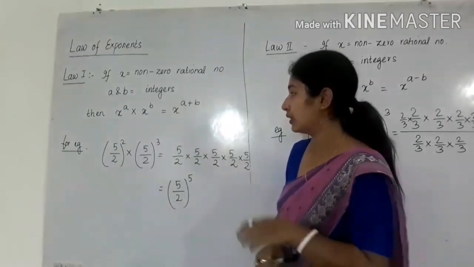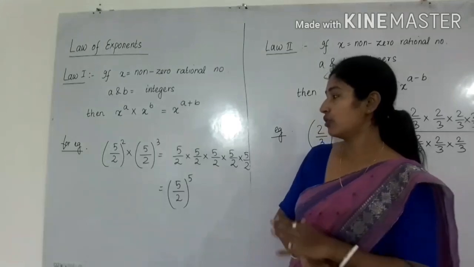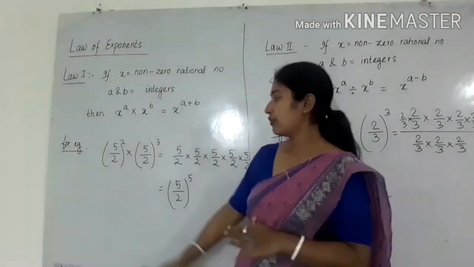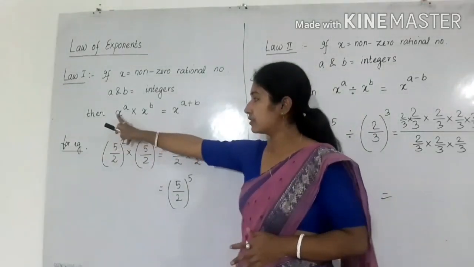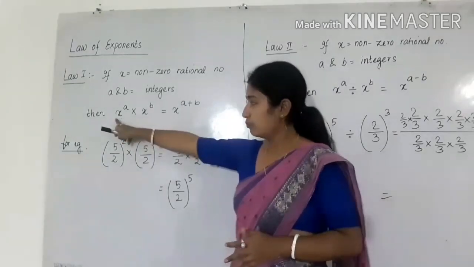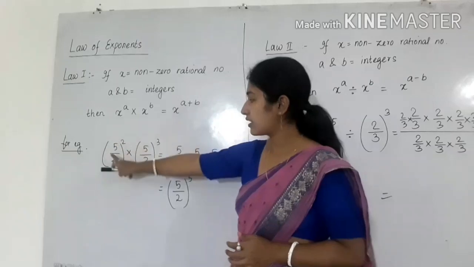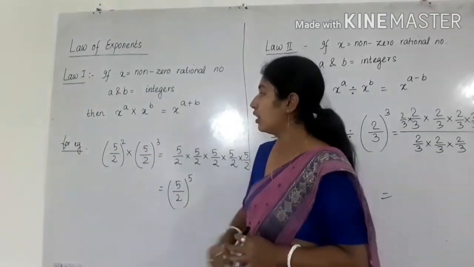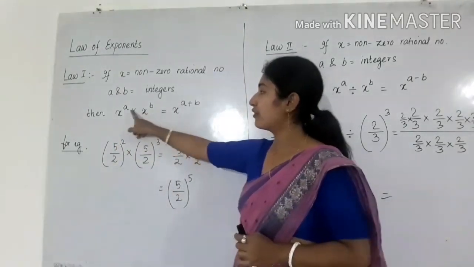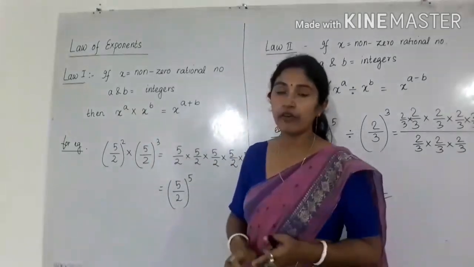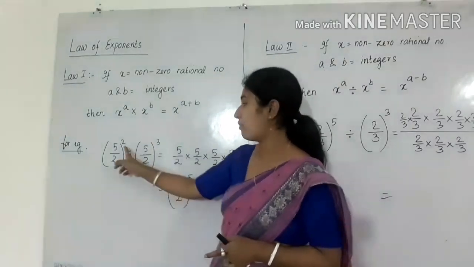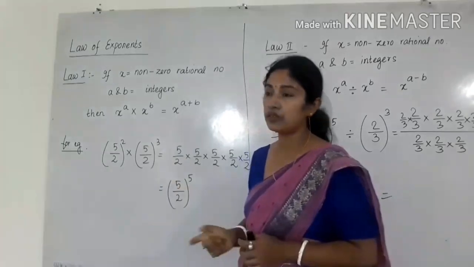Here I have taken one example also. In the example, both bases should be the same. In place of x I have taken 5 by 2, but the powers a and b are different, so I have taken 2 and 3.